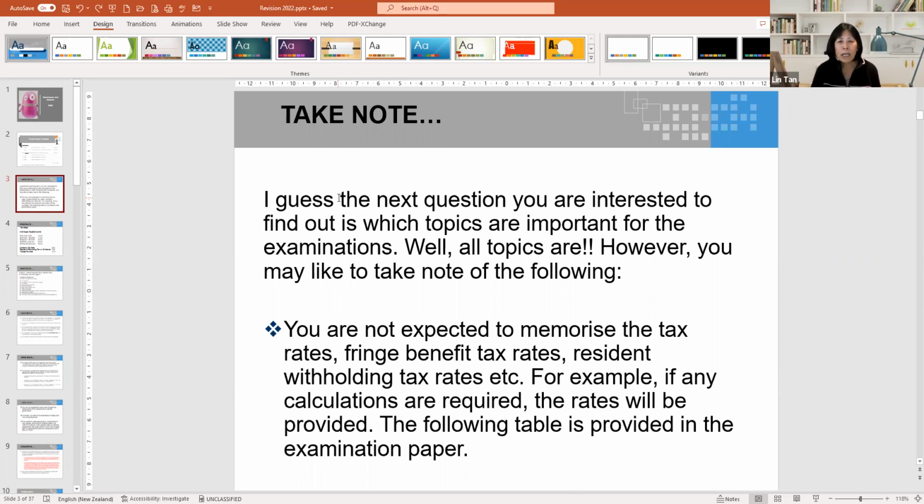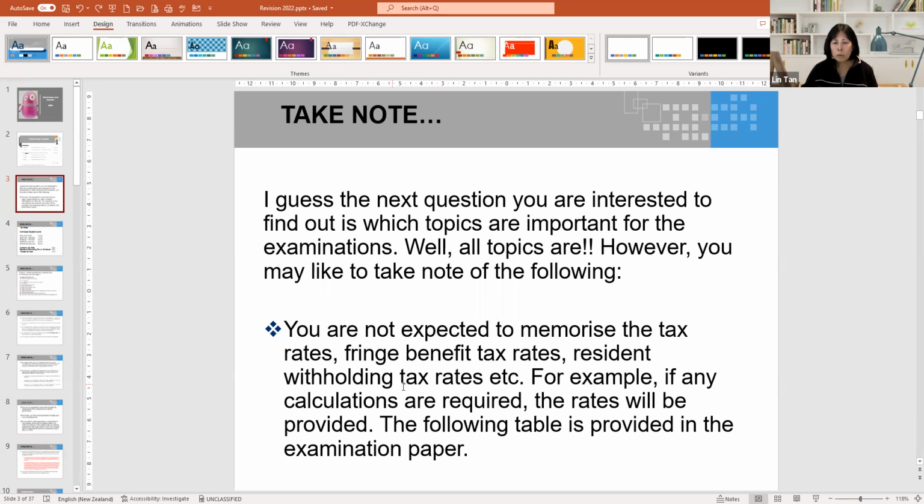I would just highlight some points for you all, because even though I have mentioned this before, I still have queries about that. Because it is a closed book exam, you're not expected to memorize the tax rates, or the fringe benefit tax rates, or the resident withholding tax rates.